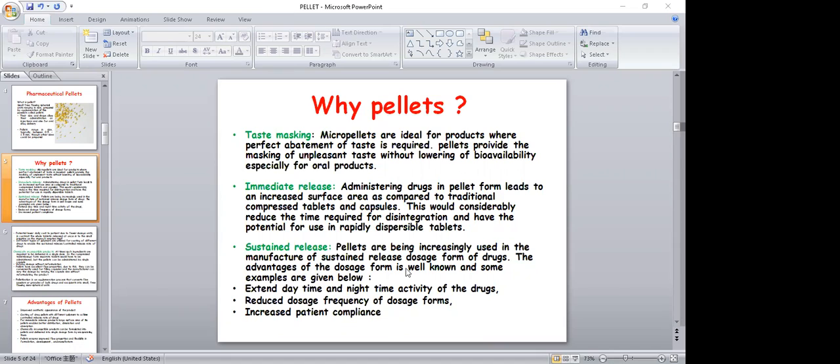By pellet formation, we can reduce the dosage frequency, and pellets are more acceptable to the patient. So we can increase patient compliance also. That is another reason for pellet formation.